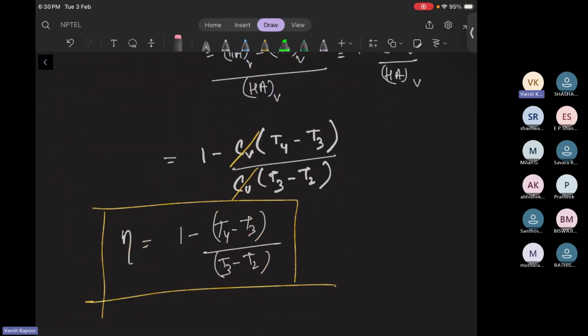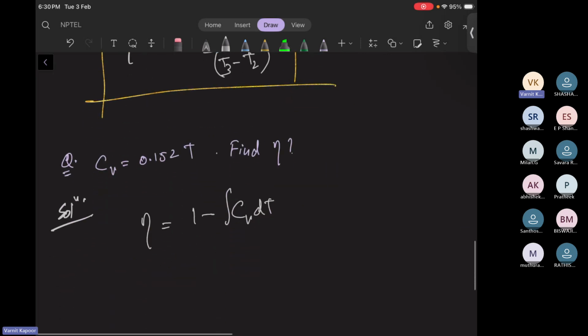Why have I written T3? Sorry, my bad. I hope everyone is clear that heat rejection was between 4 and 1. So Cv dT from 1 to 4, and heat addition was happening at Cv dT from 2 to 3.